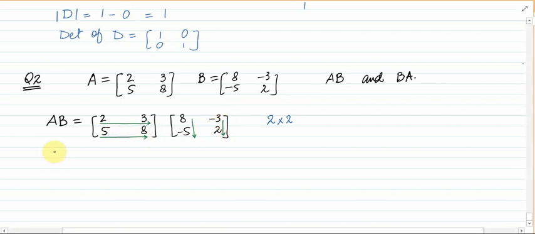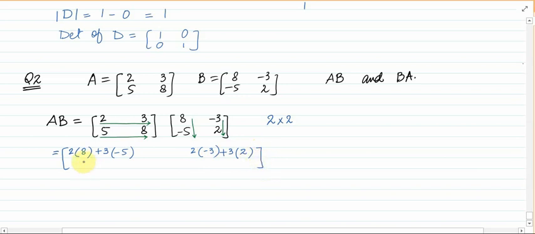Now starting our multiplication, 2 is on the tail side, so tail multiplies with tail. When we move towards 3, use a positive sign. 3 multiplies with negative 5, right? Now the same row matrix: 2 multiplies with negative 3 plus 3 multiplies with 2, right?